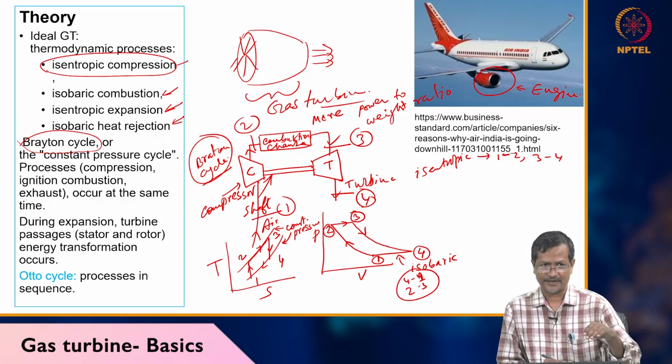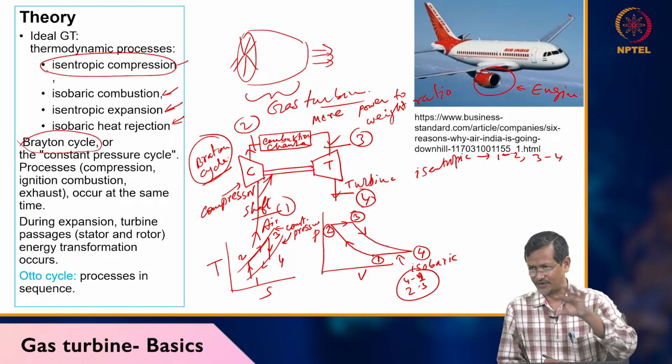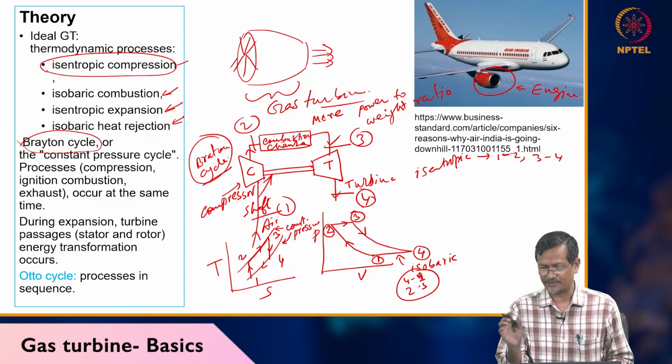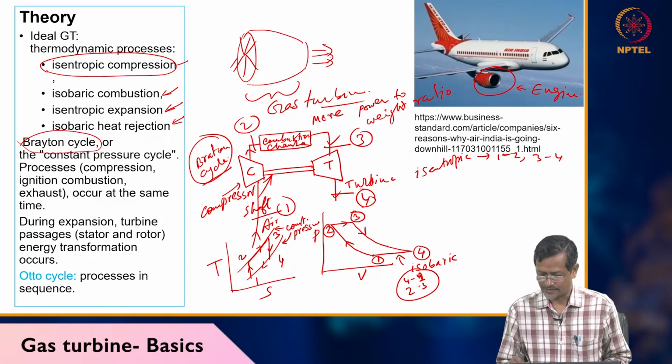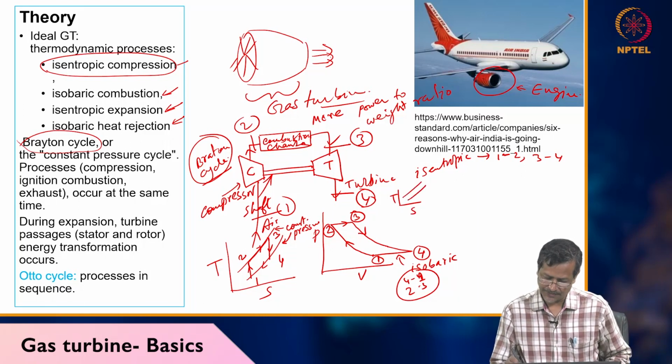If we want to draw a practical cycle, as in the Rankine cycle we have seen, on a PV diagram or TS diagram, some small changes will be there. For example, ideal is 1, 2, 3, 4.